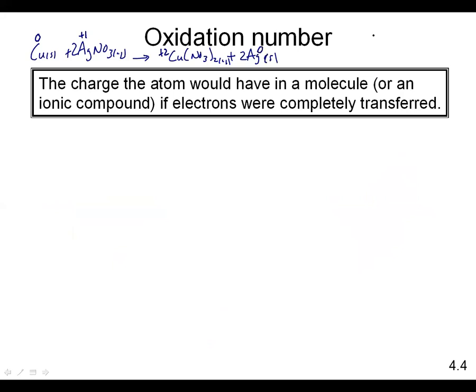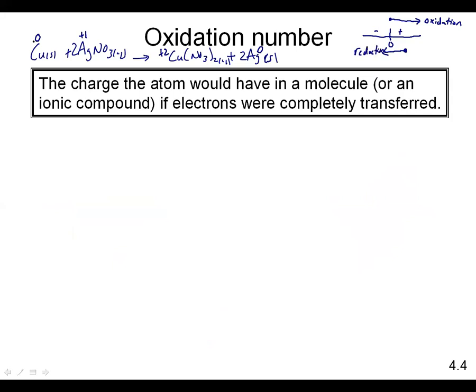So again, if you look at your number line, for our copper, we're starting at 0 and we're going to plus 2, which is going in this direction. So our copper is going through oxidation, while our silver, which is starting at plus 1, which would be over here, and ending at 0, which is moving in this direction, would go through reduction.